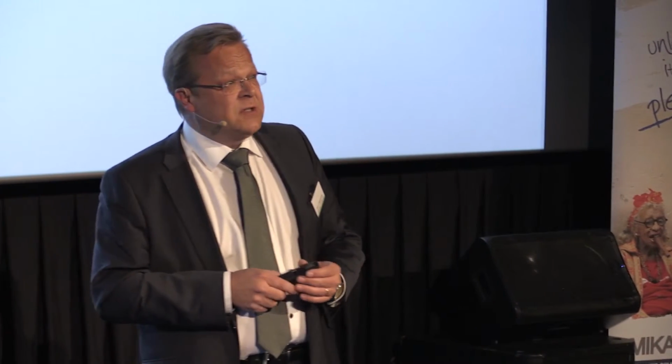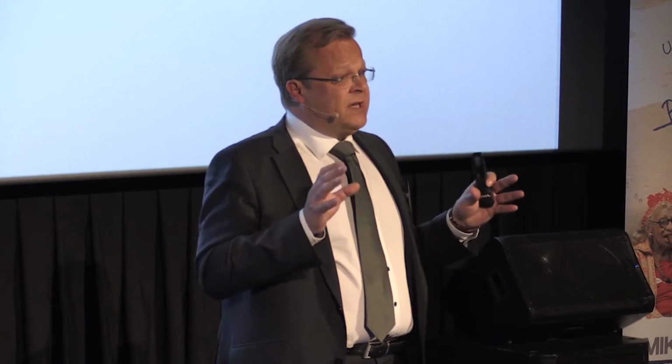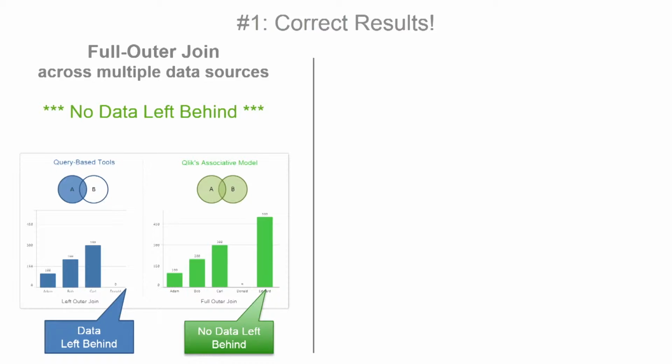Okay, the first one is the correct results. The other tools are very SQL oriented, so they do queries to the data, which means that in many cases you don't see all your data. Because the beauty lies not only in how the data is combined, so inner joins, left joins, right joins, but there needs to be something called a full join.